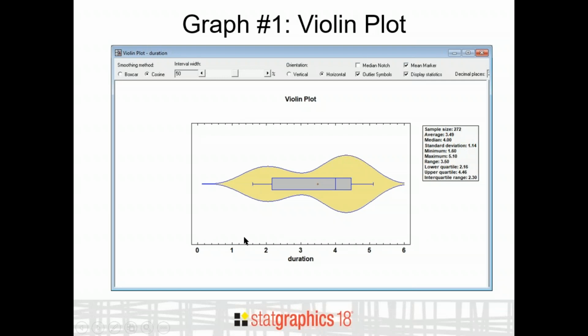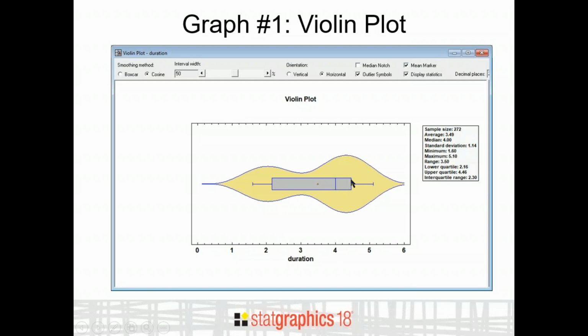So what you see along the x-axis here is the duration of the eruptions. There were eruptions lasting as short as a minute and a half, and some lasting in excess of 5 minutes. You can see that the median eruption was just around 4 minutes, and the mean here at about 3.5.